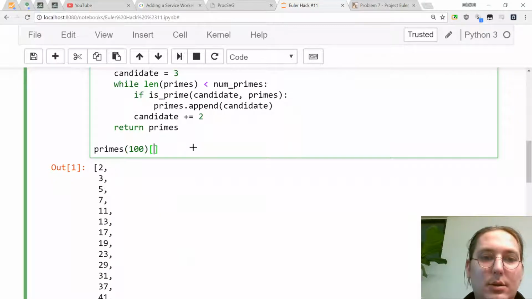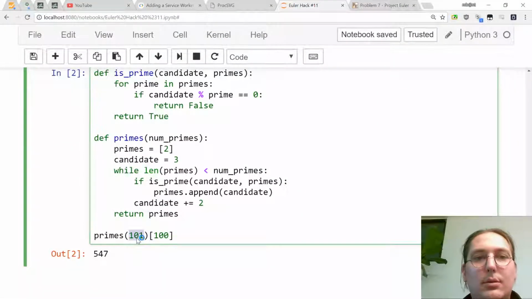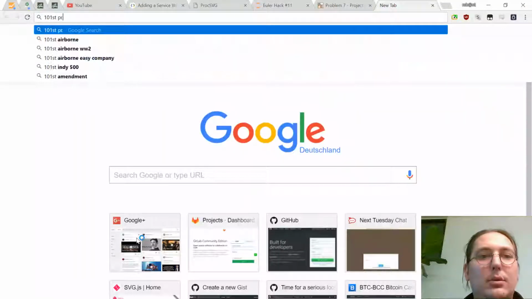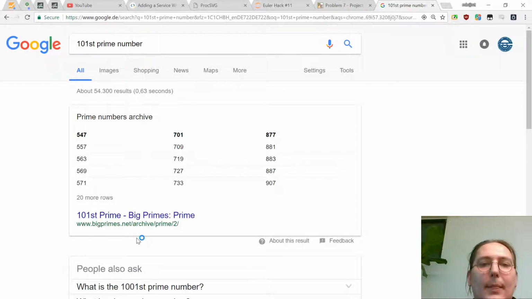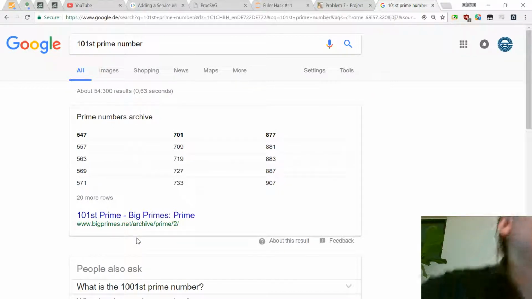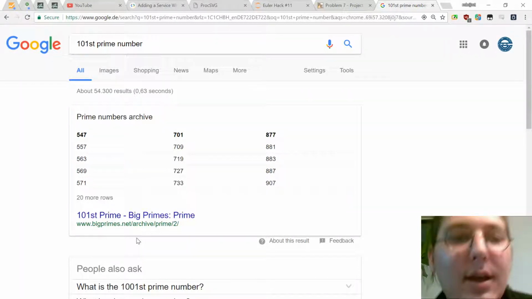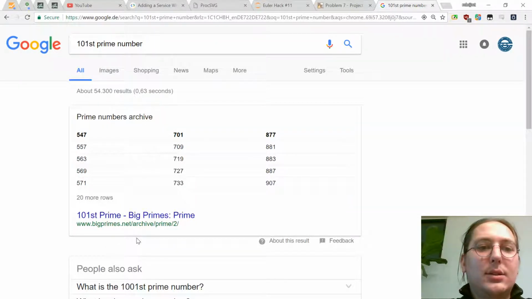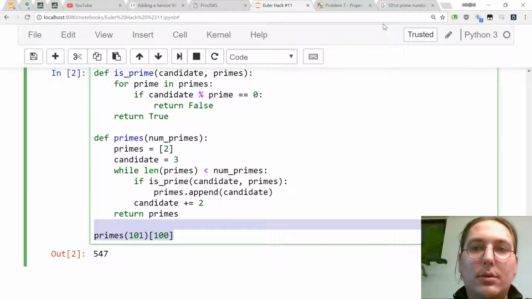And I guess let's get the 100th prime, see if that's correct. So that is the 574. So that's at least correct.